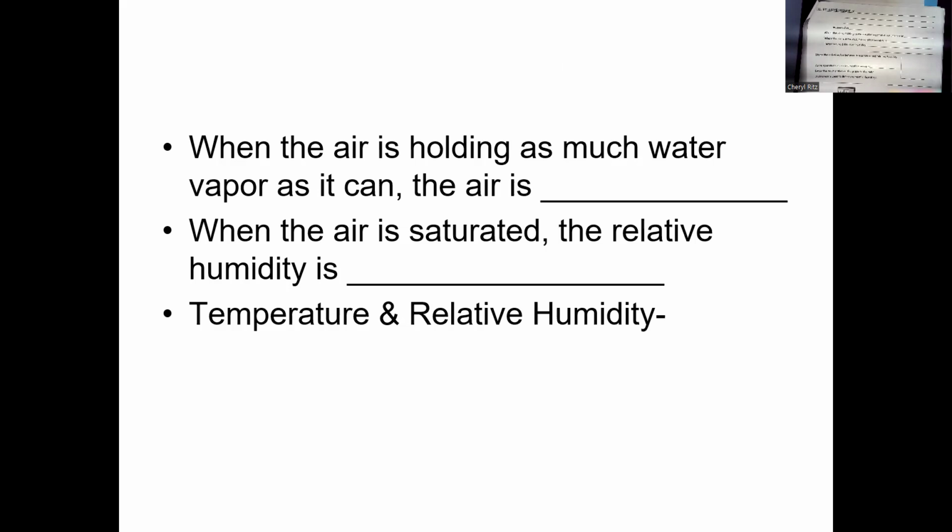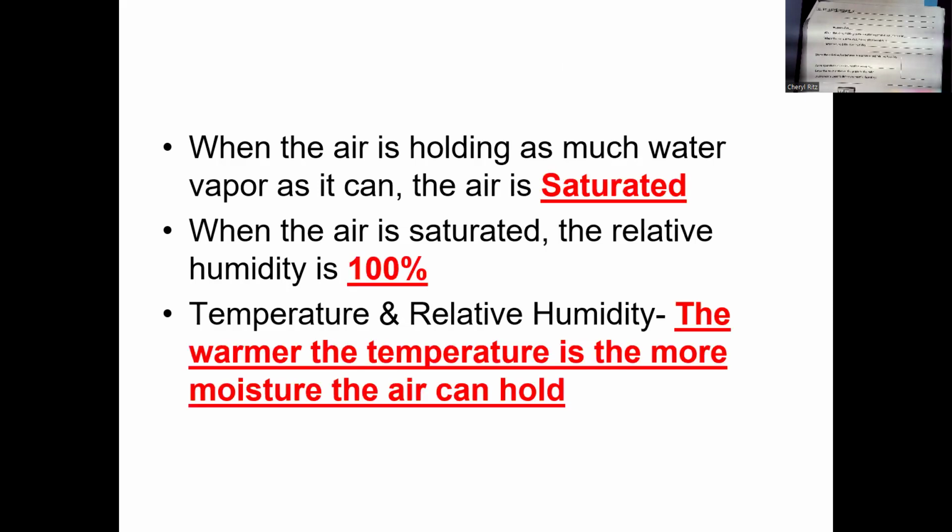There's a word for it. What if a sponge was 100% filled up? What would you say? It is wet. It is full. You're not wrong. Saturated is the word I'm looking for. So when air is holding as much water as it can, the air is called saturated. And then I just reworded that: when the air is saturated, the relative humidity is 100%.